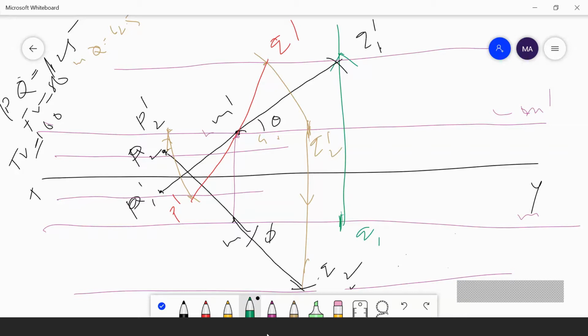So I am projecting this P1, I'm projecting this P1 dash here. Understand? Here I will get P1. So I am taking MQ1 and MP1 as a radius. MQ1 as a radius, M as a center, I am drawing an arc here. Okay.